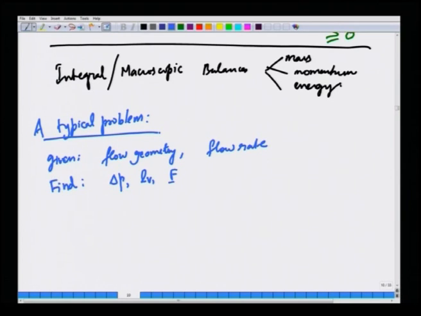Now, it turns out that such a problem is not well specified, because we will eventually find that the number of unknowns that we have is greater than the number of equations.